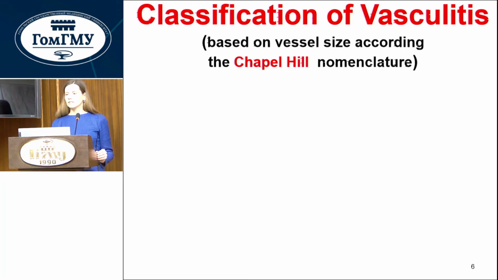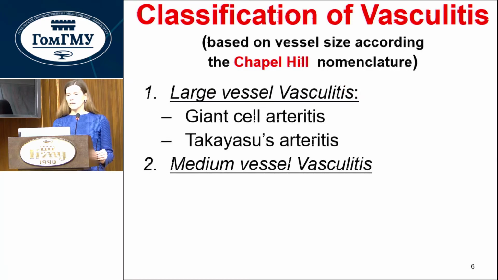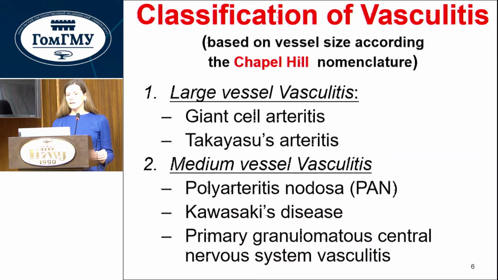Antineutrophil cytoplasmic antibody associated small vessel vasculitis like microscopic polyangiitis, granulomatosis with polyangiitis, and drug-induced ANCA associated vasculitis; immune complex small vessel vasculitis, Schönlein-Henoch purpura, and others we can see in this slide.